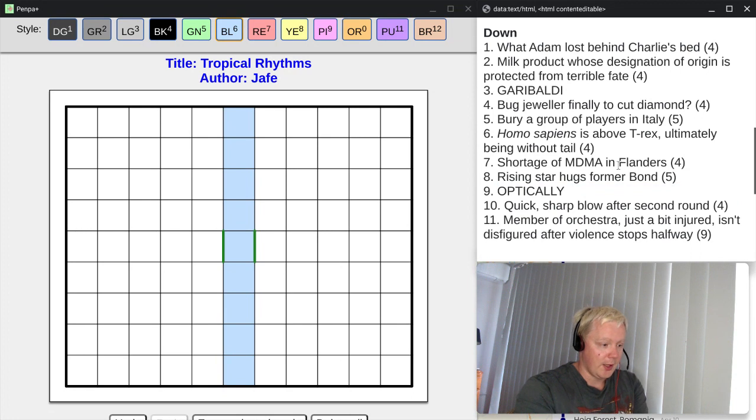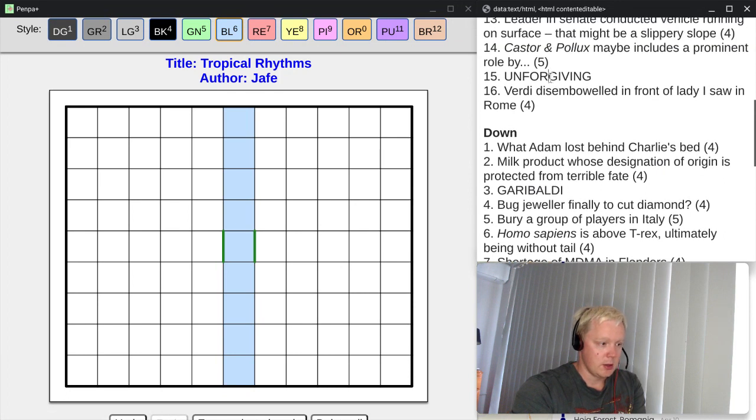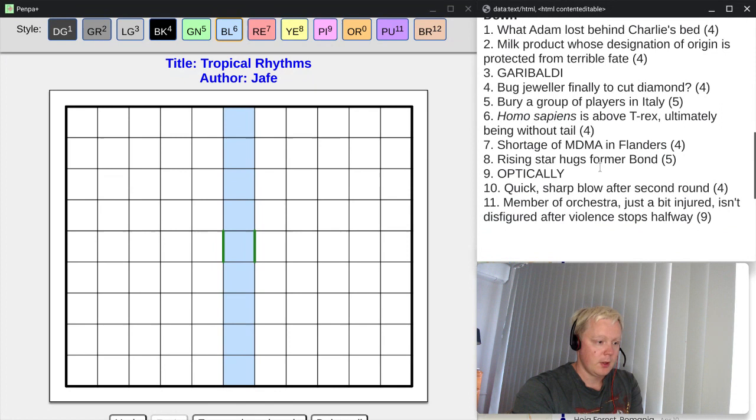Pretty straightforward, I think. And we see optically doesn't have a G, so it's not going to be this word here, because it can't clash with the G of unforgiving wherever it goes. And now we have one more down clue of size 9. Let's see. Member of orchestra, just a bit injured, isn't disfigured after violence stops halfway.